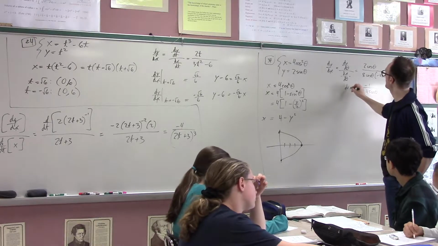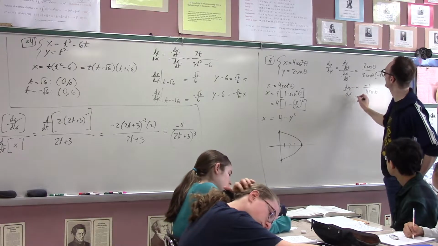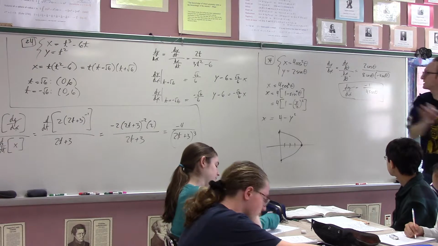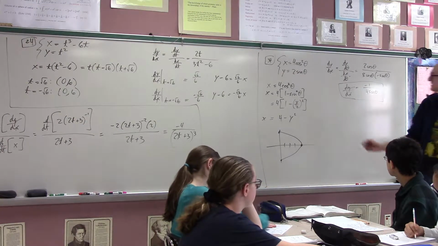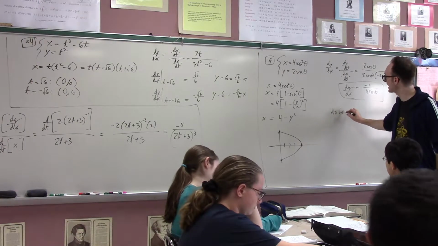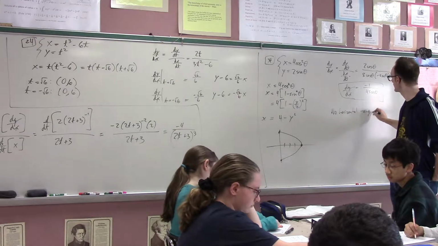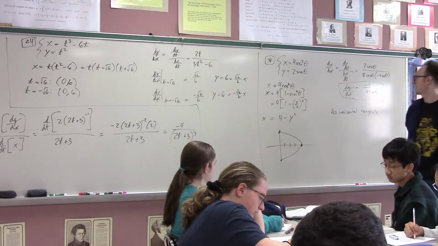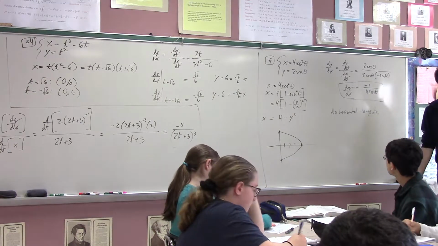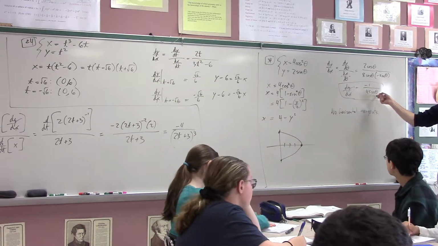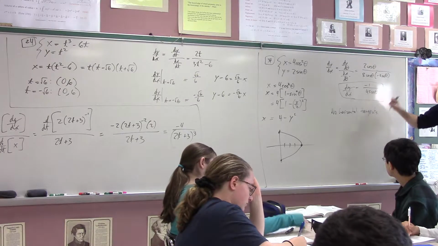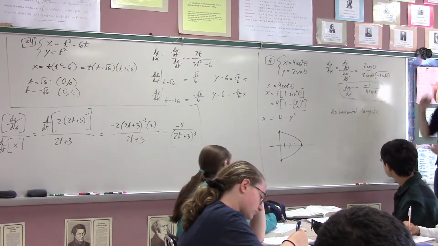So now I have a formula which will tell me for any given theta the slope of the tangent line to the curve. Just as I expected, there are no horizontal tangents because this thing is never 0. And there is a vertical tangent whenever the bottom is 0. That's when this expression becomes infinite.